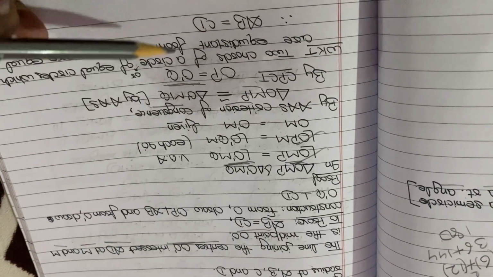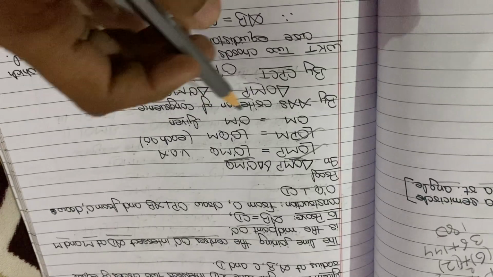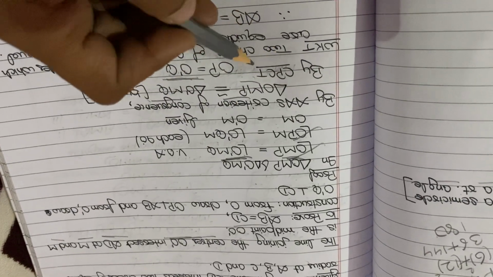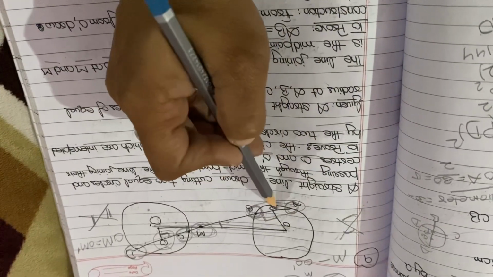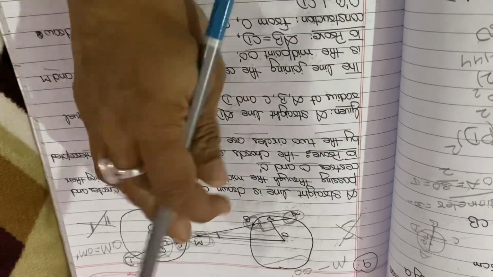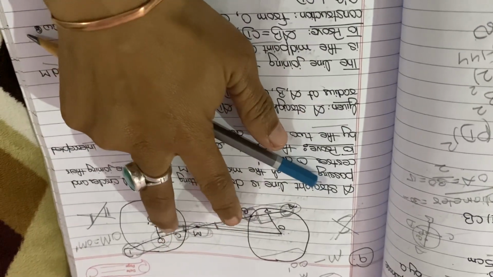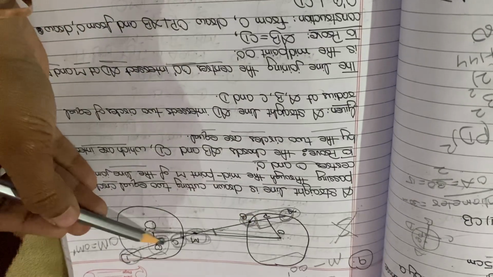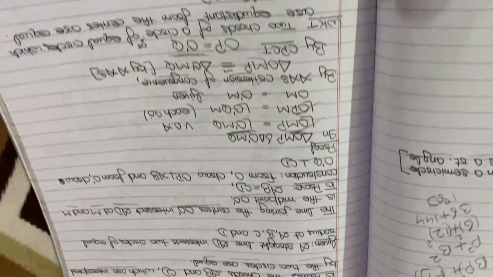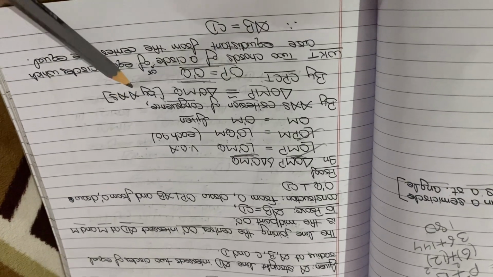So by CPCT, the corresponding parts of congruent triangles are equal, and we have OP equal to O dash Q.